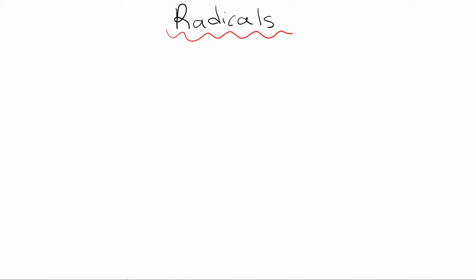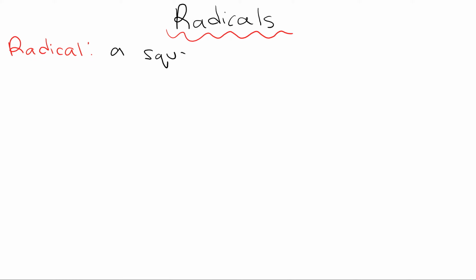So let's start off by defining what a radical is. A radical is a square, cube, or higher root, such as the square root of 4, which is equal to 2, or the cube root of 27, which is equal to 3. So I'm just going to write that out now, so you can refer to that for your notes if you want to.